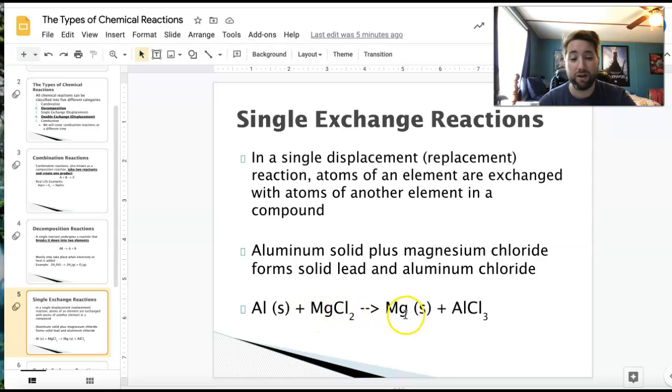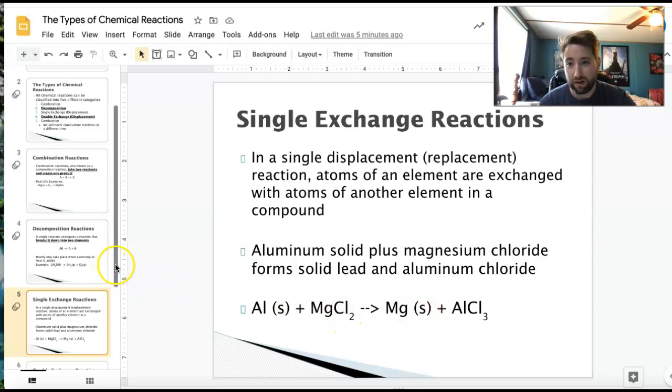You look over here, the aluminum has displaced, see what I did there, or kicked out this magnesium, and now the magnesium is by itself with aluminum chloride. This is called single exchange, single displacement, single replacement. They're all the same thing. And we'll talk about this more later on. I have a whole lesson on the activity series.